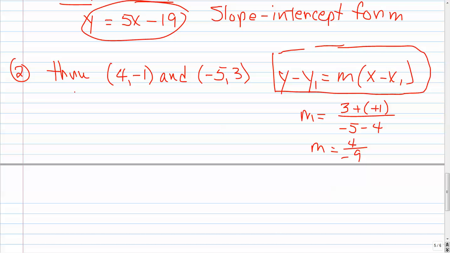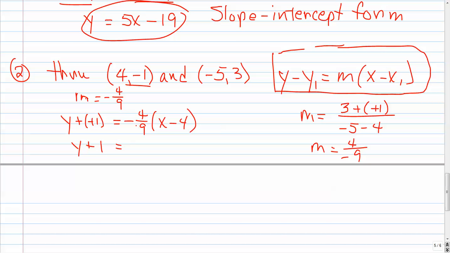All right, so here's my slope. It's equal to negative 4/9, and we're going to use this first ordered pair. So using the point-slope form, I have y minus the negative 1, which becomes plus 1, is equal to negative 4/9 times x minus 4. So this is y plus 1 is equal to, now we've got to multiply by this fraction.